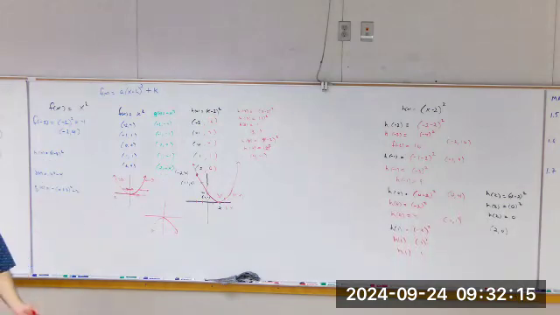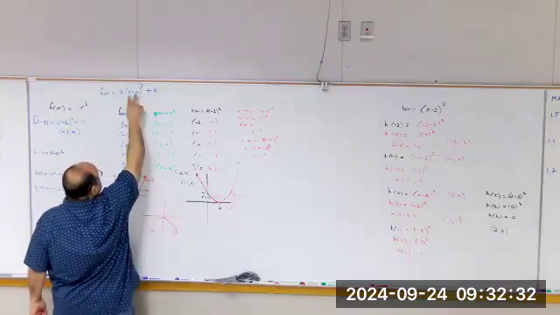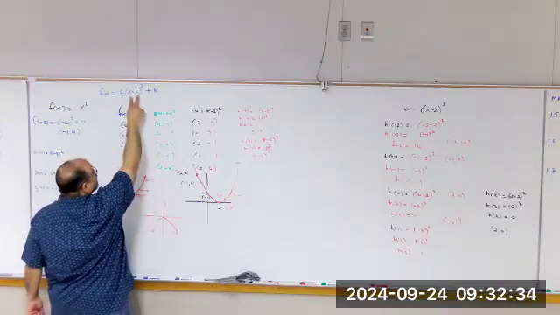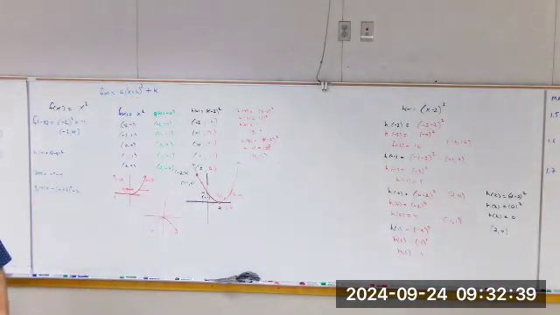Now wait a minute, x minus 2, wouldn't it go to the left? No, to the opposite direction. It's a built-in negative. The negative is always going to be there. In the formula x minus h, h has a built-in negative. So when you take out h, you take out the opposite sign. If I see x plus 3, h is negative 3.